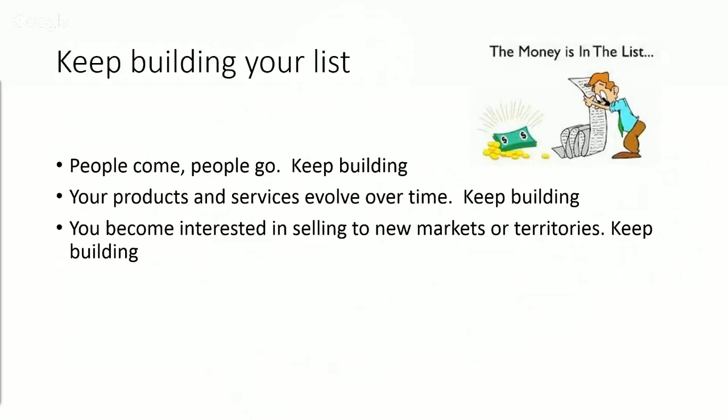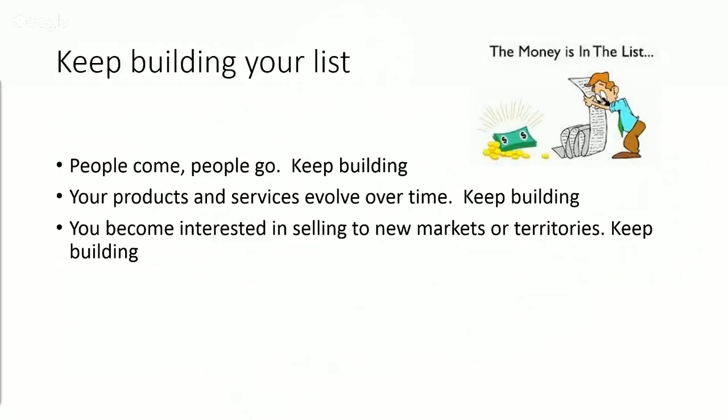Keep building. Other people leave the business. Some people leave the country. People move. People do whatever. They come off your list. People evaporate off your list. Or people on your list, they're still there, but they don't buy. They're not responsive. Keep building your list. This is not something that you do once and stop. So just keep on going. And it may also be that you're going into new areas, new territories.